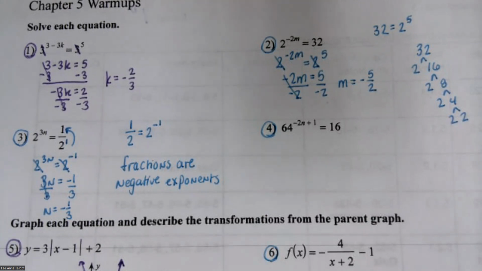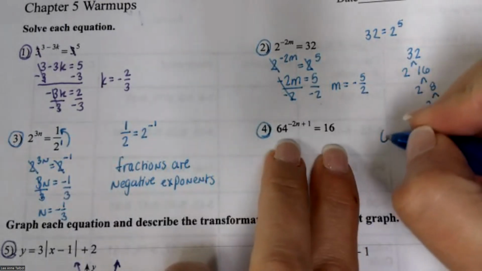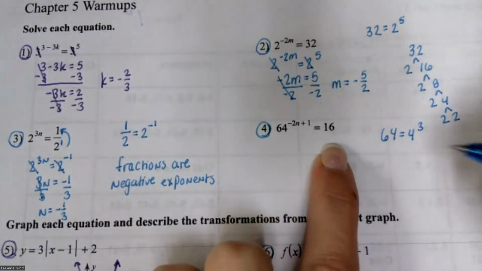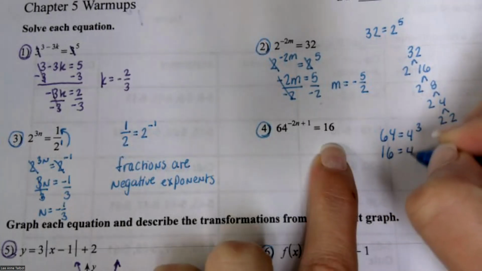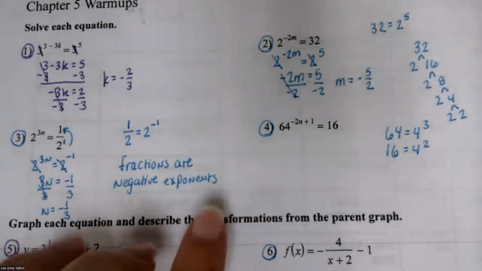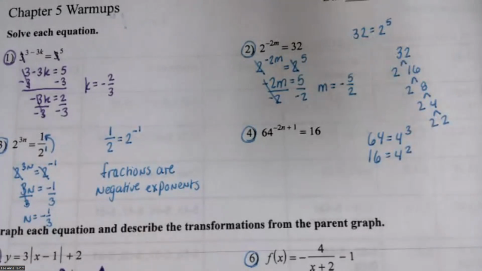Over here off to the side, I'm going to say 64 is 4 to the third, and 16 is 4 squared. Connor figured out the puzzle. The base of this one is 4. Now, you could also use 2. If you didn't think of 4, 2 will also work, and it'll get you the same answer. You're a genius.